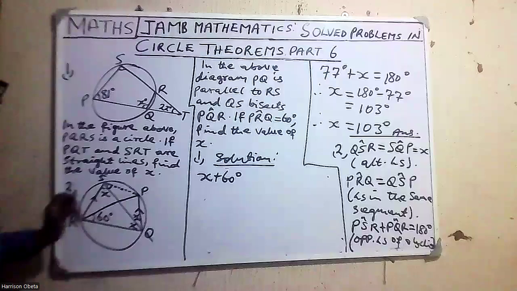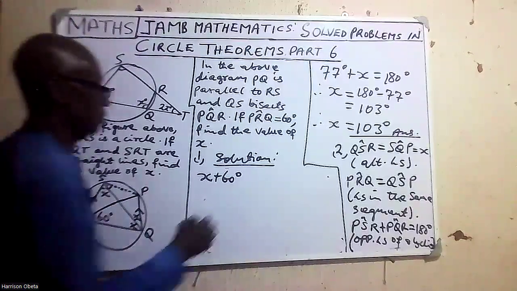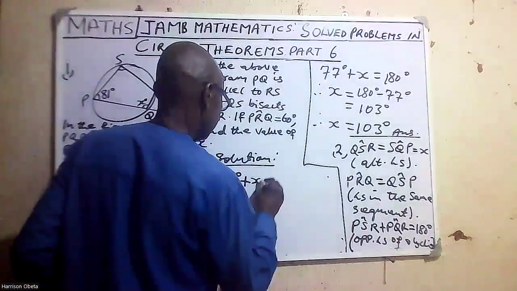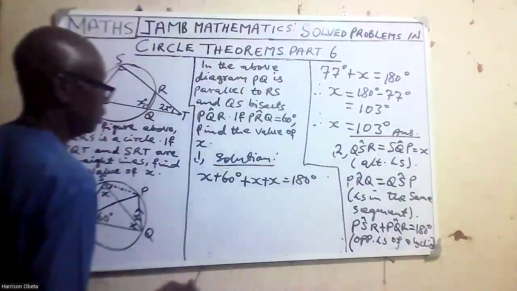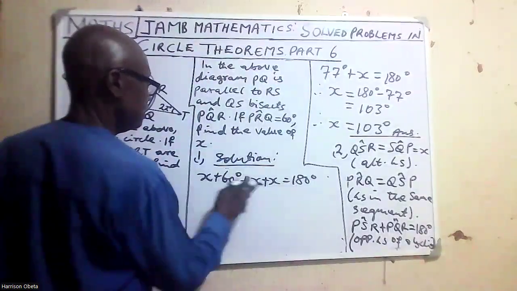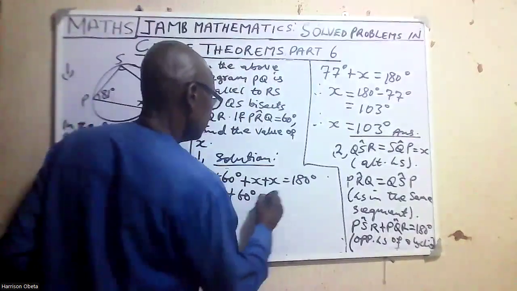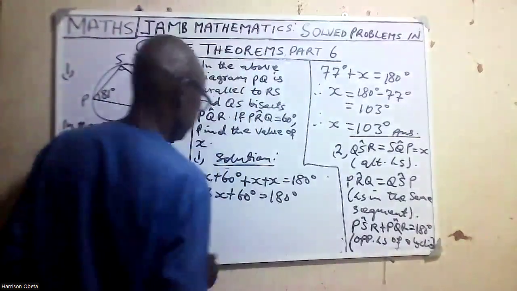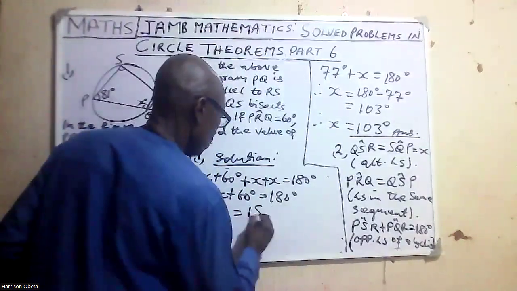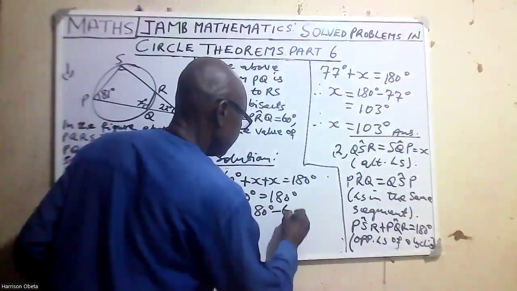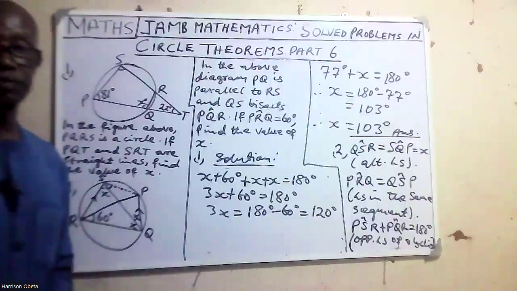That is this arc. So X plus 60 plus X plus X plus X plus X equal to 180. So that means this will give us 3X plus 60 degrees equal to 180 degrees. And that will give us 3X equal to 180 degrees minus 60, and that is 120 degrees.